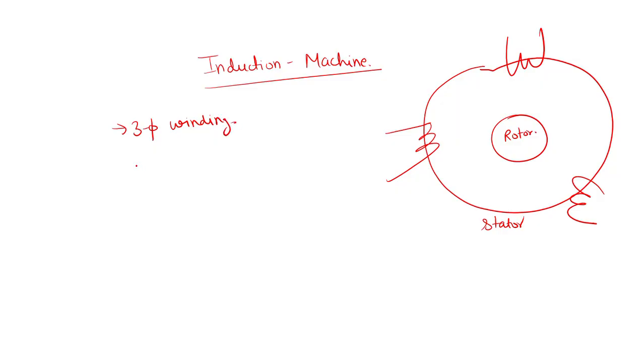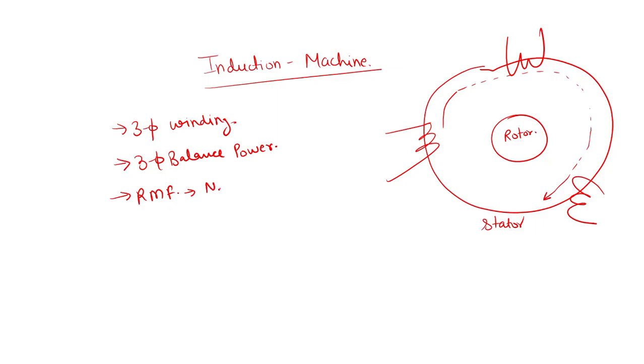And in this three-phase winding, we are supplying a three-phase balanced power supply. When you supply a three-phase balanced power supply to this winding, there is a rotating magnetic field. At what speed is it rotating? It's Ns speed.